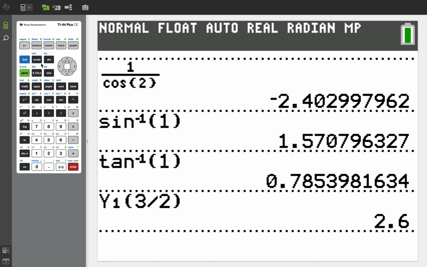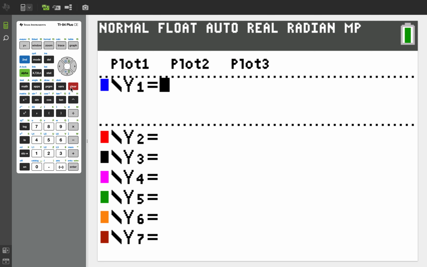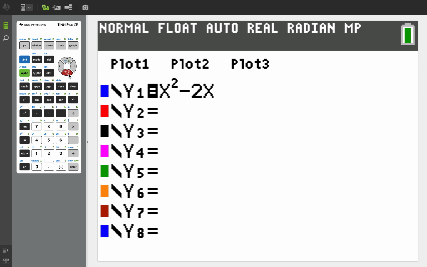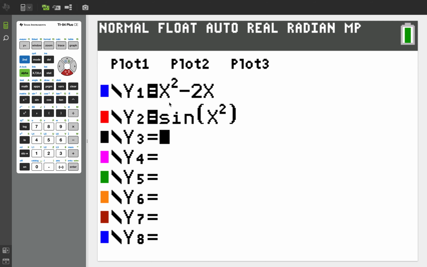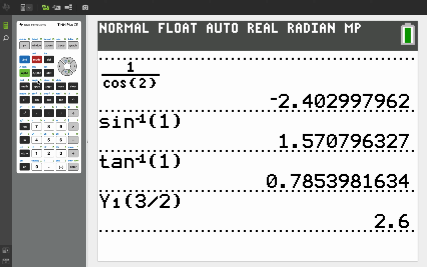Okay, to do a composite function, I'm going to go back here, clear this out. Let's say f of x is x squared, subtract 2x. And my g of x is sine of x squared. Okay, so I need to remember y1 is f of x. y2 is g of x. So go back to your calculator screen.